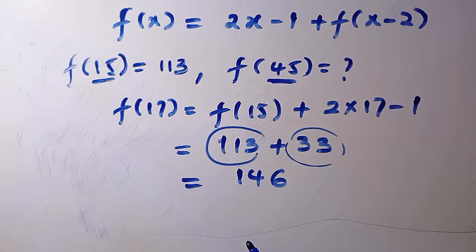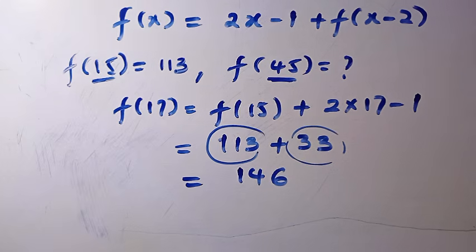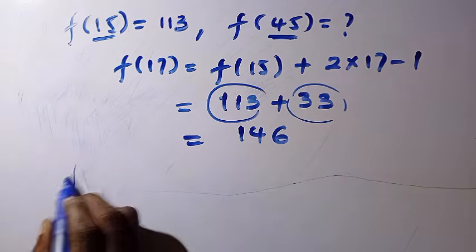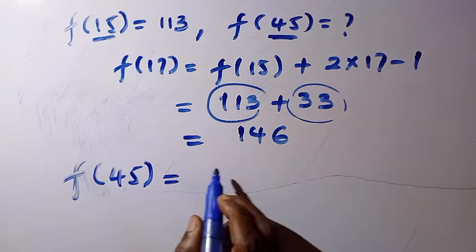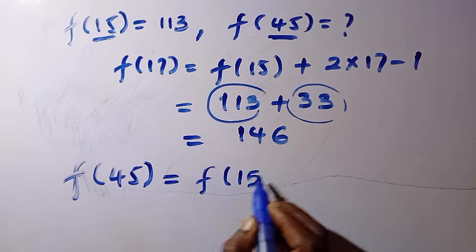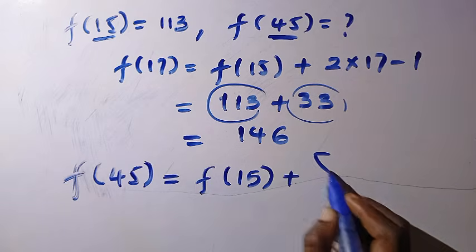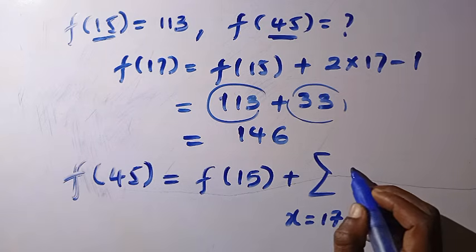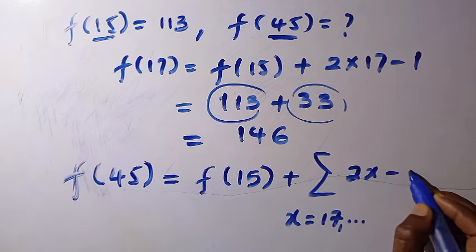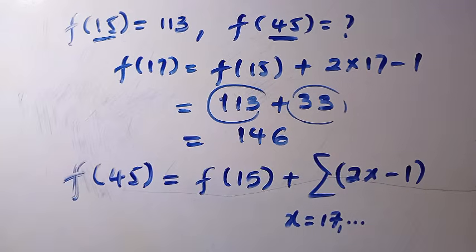Since you have known that, you can make it in a general form as f of 45, that we are looking for, equals f of 15 plus, let's say, the summation from x equals 17 to 45 of 2x minus 1.